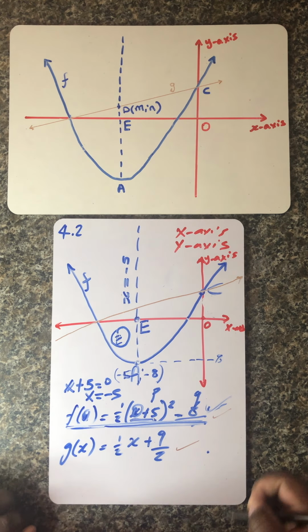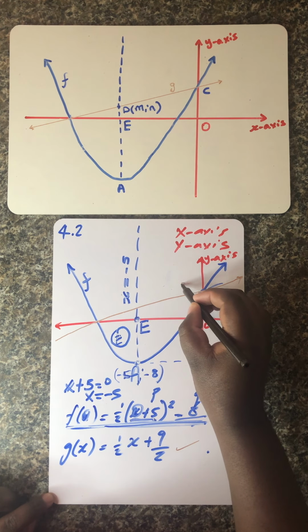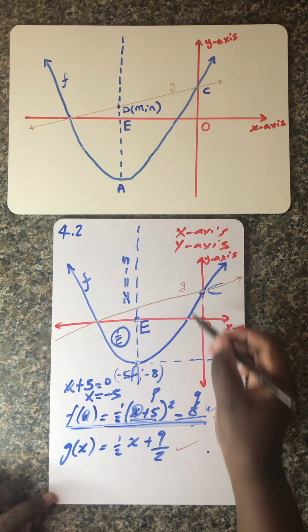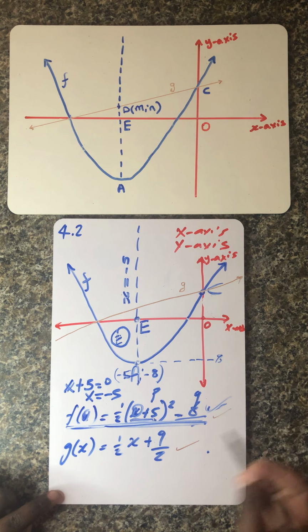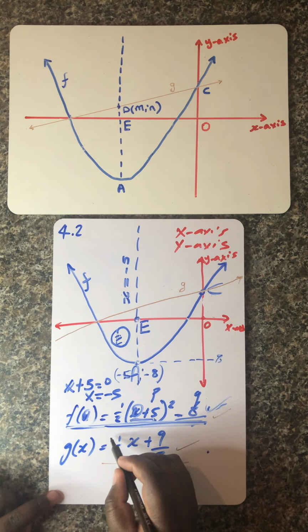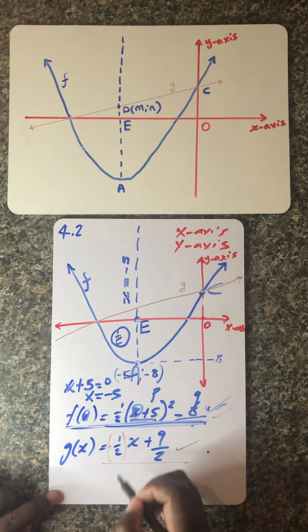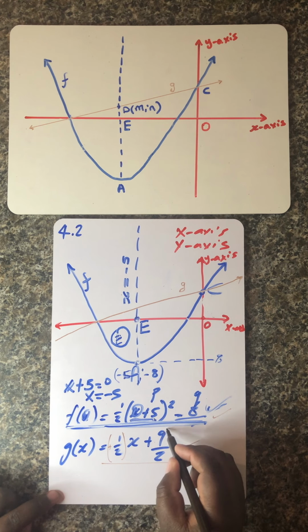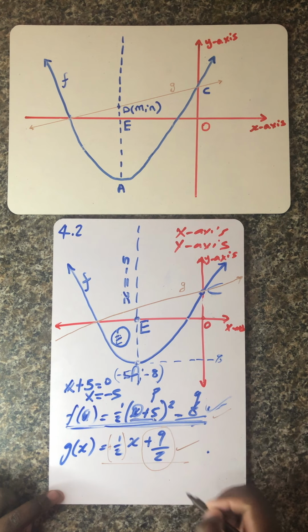So guys, this is the graph of G. Please do write G. Very, very important, guys. This is the graph of G. That means this is the gradient of the graph of G. Can you see it's positive? So it's positive a half, and then we've got positive 9/2.